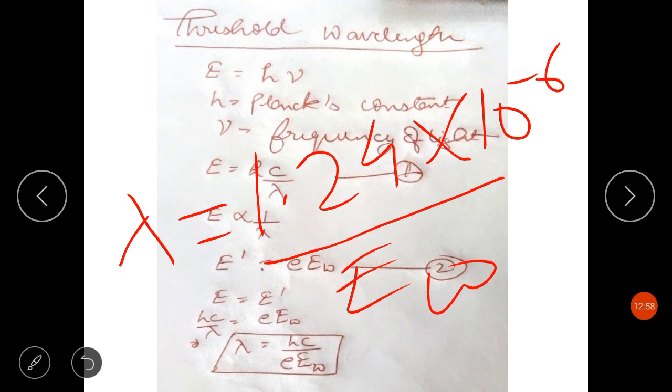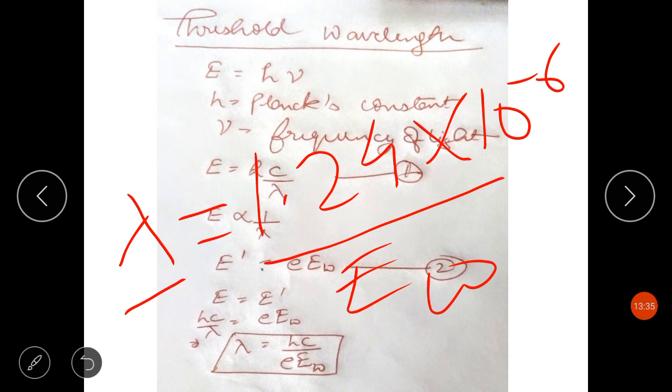So what is this EW? EW is the work function of the material on which the photon is going to strike to liberate the electrons. So lambda is the threshold wavelength which needs to be struck on a surface, or on a cathode surface, or on a material from where the electron is going to come out, so as to liberate the electron from the material.